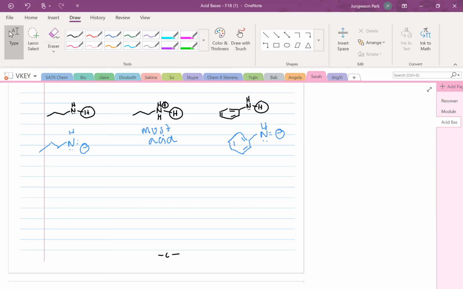I would say that the third one is most acidic because of resonance. Because it's stabilized by resonance. You see that? So the third one would be more acidic because it's stabilized by resonance?